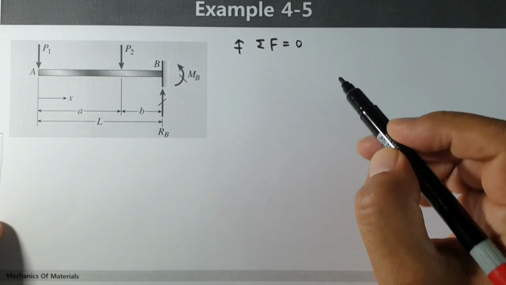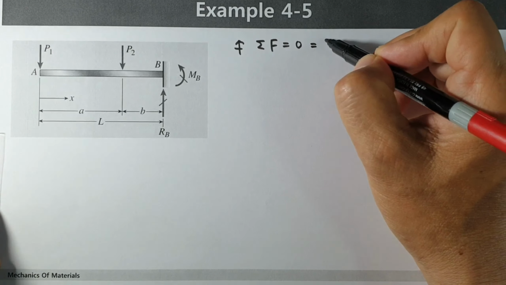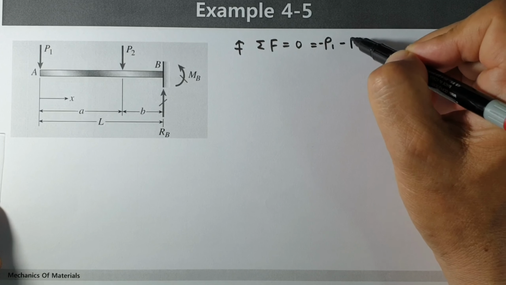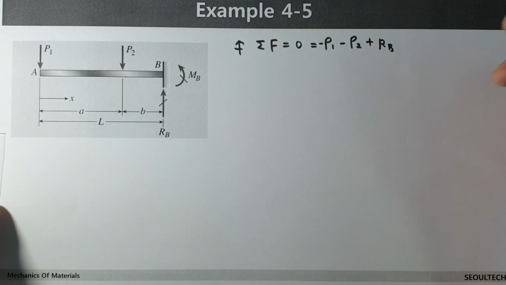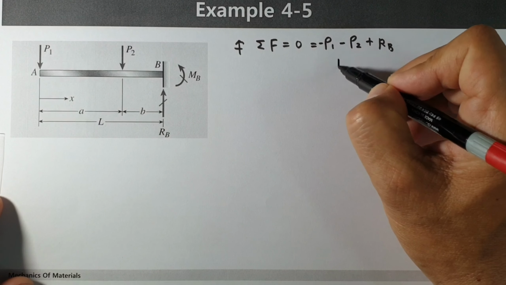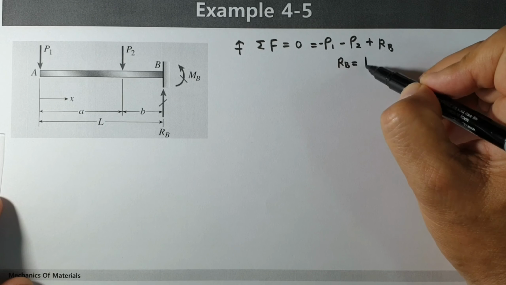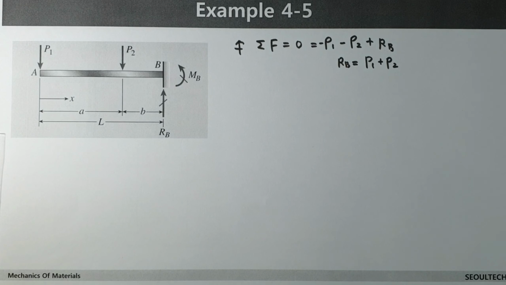Upward direction is positive, then we can say minus P1 minus P2 plus RB equals 0. Then we can say RB equals P1 plus P2.